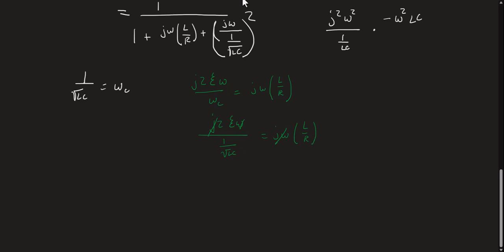I can multiply both sides by 1 over the square root of LC. So I have 2 zeta equals L over R times 1 over the square root of LC, or zeta equals L over 2R, 1 over the square root of L, 1 over the square root of C. So that becomes the square root of L over C times 1 over 2R. So that would be the damping ratio.